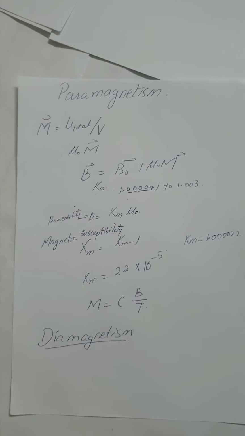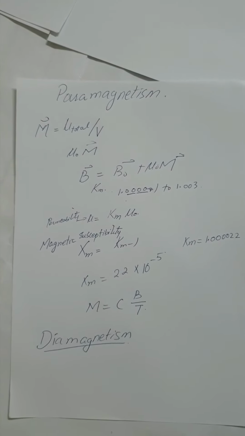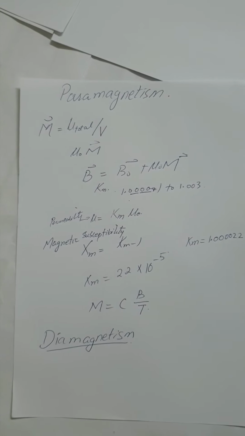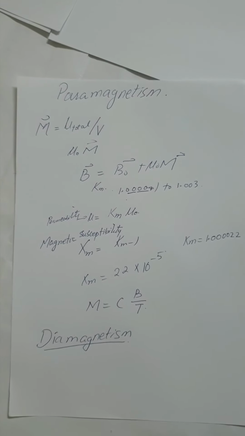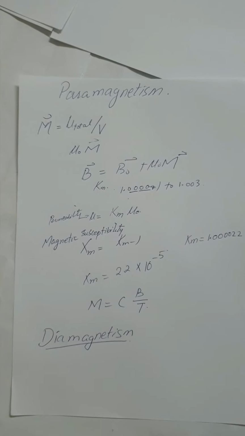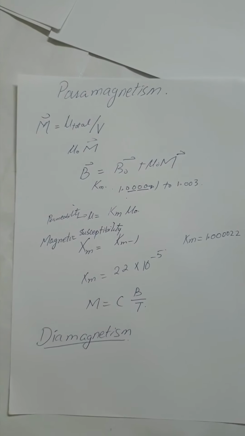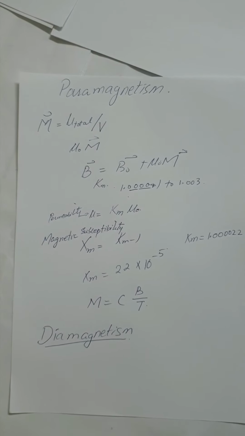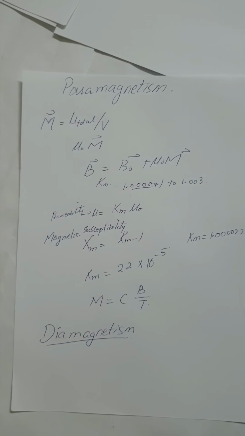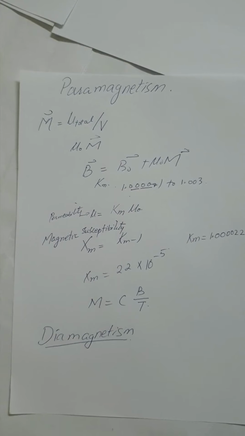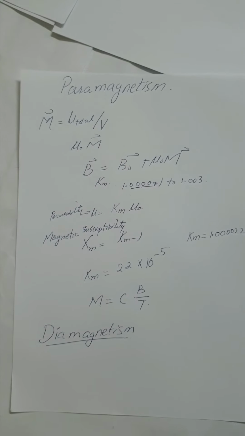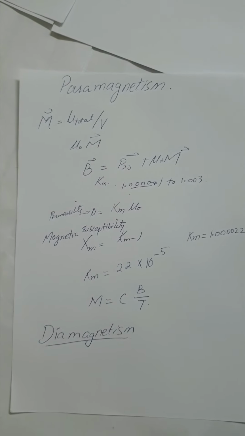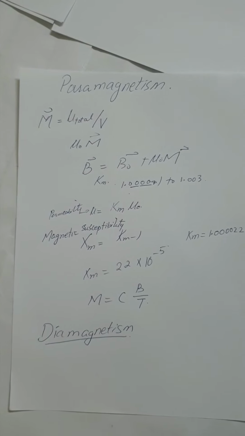In such cases, the additional field caused by these current loops is always opposite in direction to that of the external field, and this type of behavior is also explained by Faraday's law of induction, where an induced current always tends to cancel the field change that caused it.